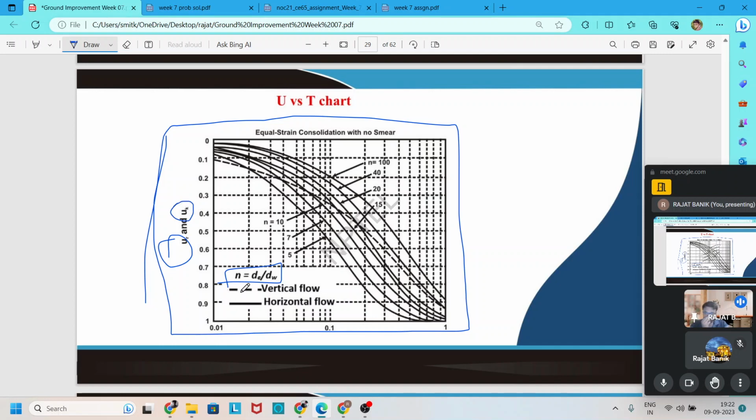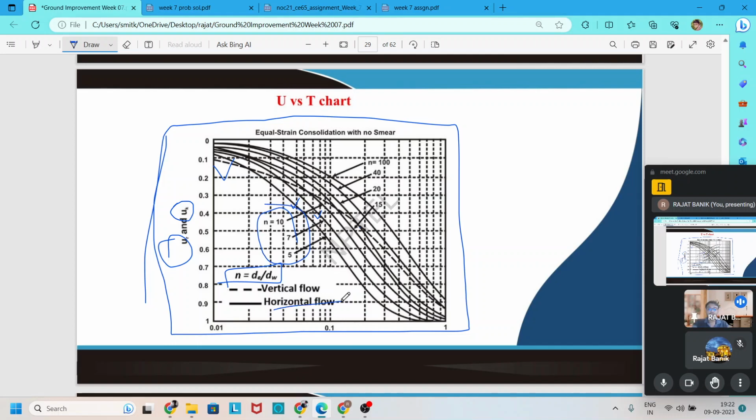For the vertical direction, we use only the dashed line to find out the vertical consolidation. For radial consolidation, we use this line, also this line, based on the different n.